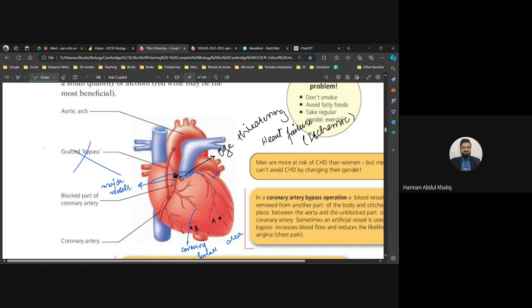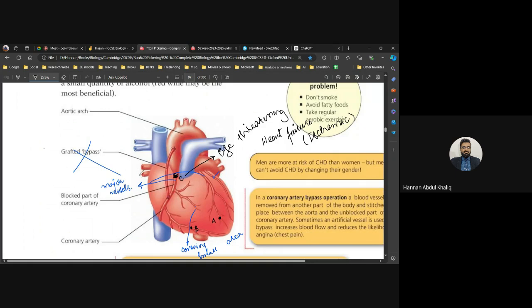Instead, place another artery, and there are extra arteries in our legs. Place another artery in the heart, and then provide the blood to that grafted artery, bypassing the clot. That is called bypass surgery. It happens when the clot is a bit too large, or it is very difficult to place the stent.